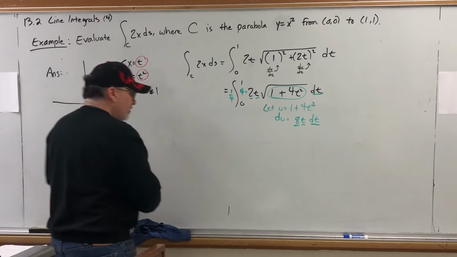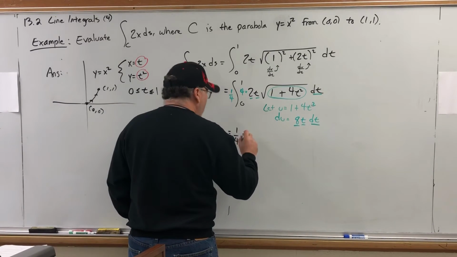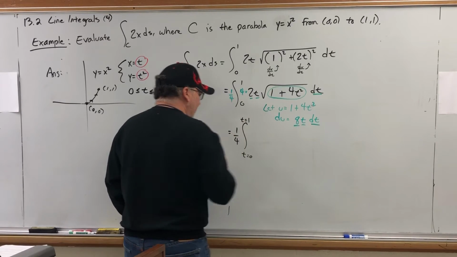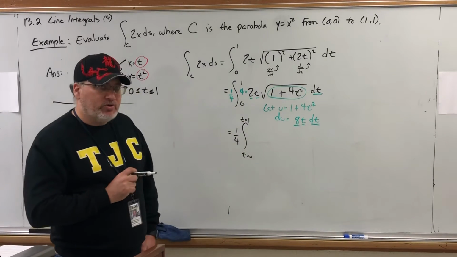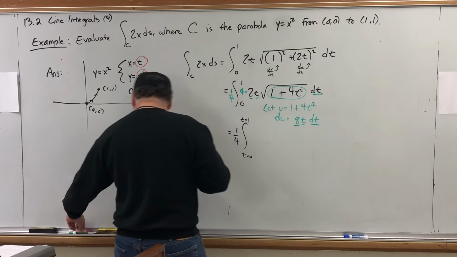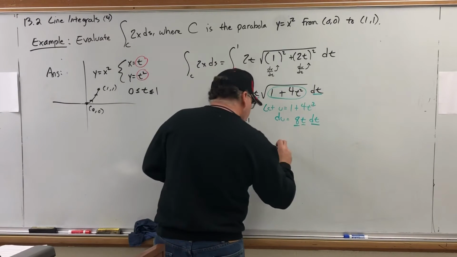So our integral becomes the integral of 1/4, the integral t equals 0 to t equals 1. I don't like changing the limits of integration personally, so I'll leave them, but they're t values. Everything underlined becomes du. So du.